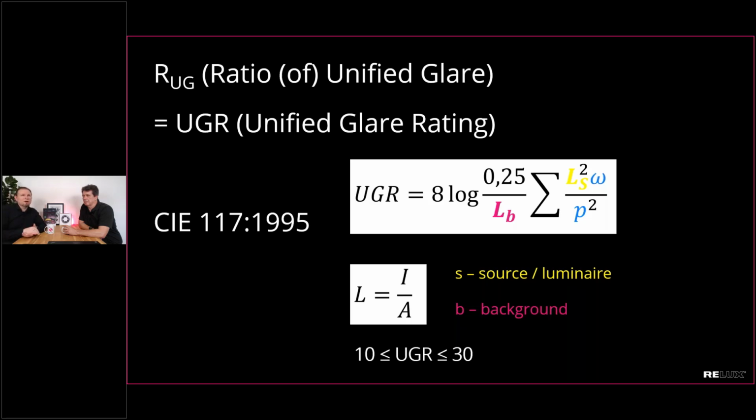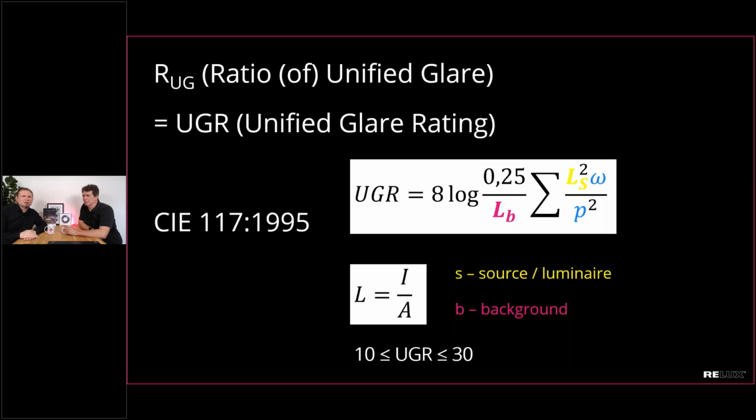So out of UGR, we now have RUG. It's the same value in a way, just another expression, now a ratio of unified glare. You have seen it also in other lighting formulas and symbols. This is changing, but it's okay.